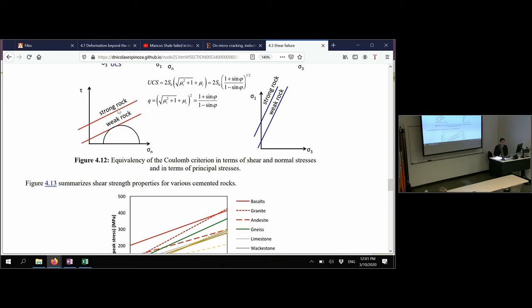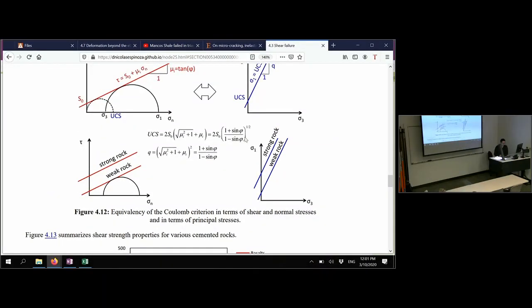Between phi, theta, and beta, which one is the friction angle, which one is the fracture angle? I follow the convention that phi is the friction angle. I used beta a couple of times to refer to the angle between the plane in which you apply the maximum stress and the plane of failure.